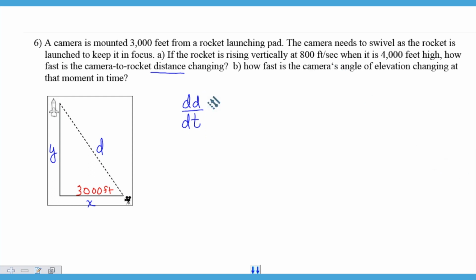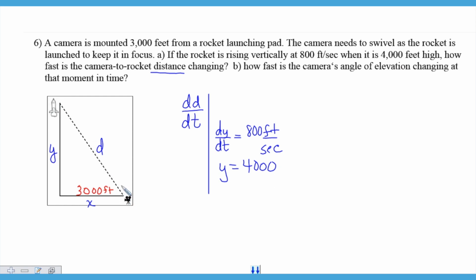So I am going to put that as the rate of y changing. So that's when dy/dt is equal to, and the rocket is rising, so it's a positive 800 feet per second. It's right on when it is 4,000 feet high, so that is an instantaneous y of 4,000. And we want to know dd/dt.